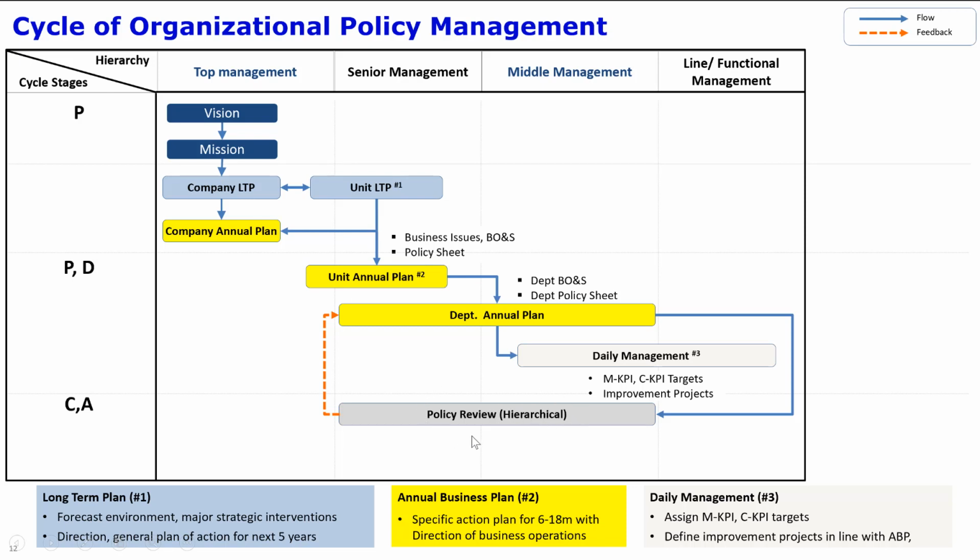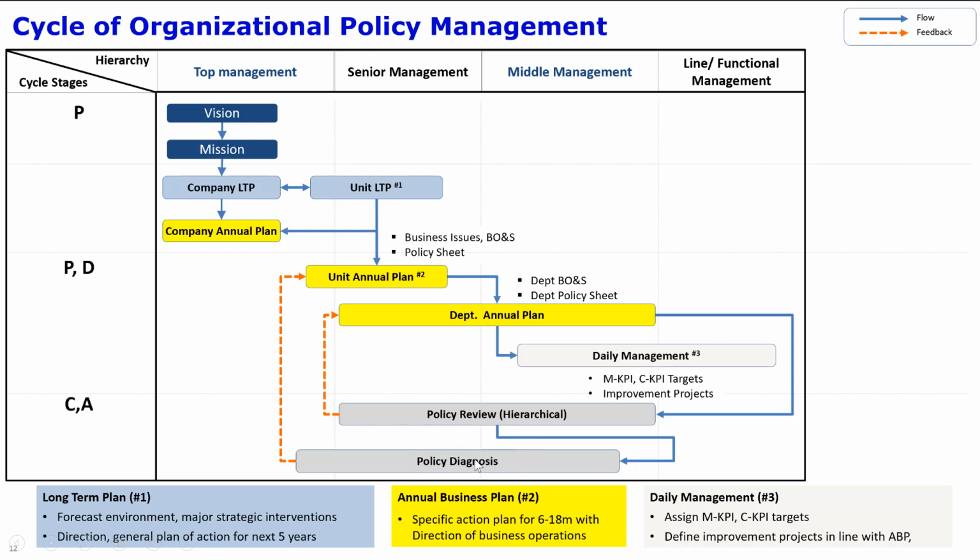But essentially, the more important thing is that the policy reviews are focused on KPI targets, the compliances, mid-course corrections, and what needs to be done to catch up if there is a wide gap between the plan and the actual. There is another type of review which is known as policy diagnosis.